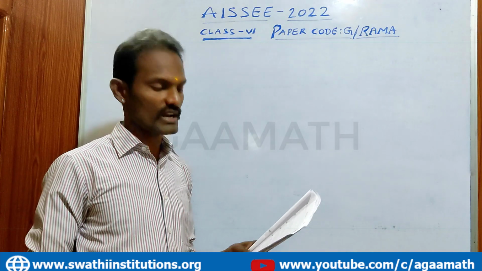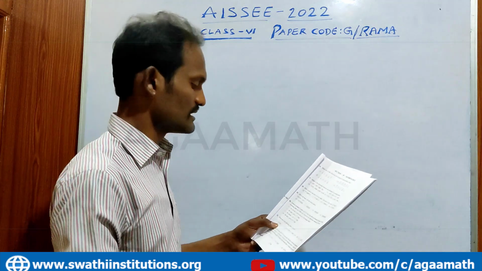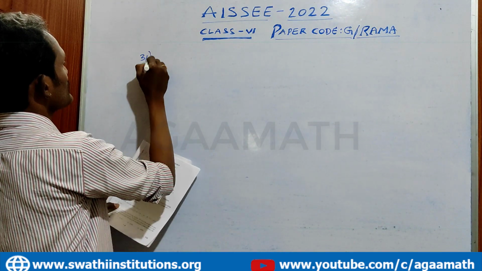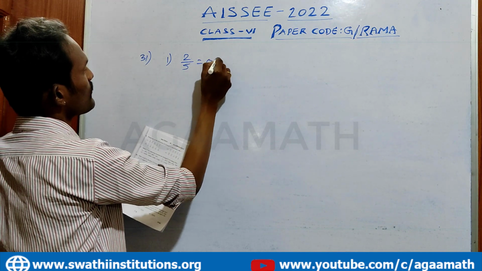Question number 31. Which one of the following options is incorrect? So the options for the given question are: first option is 2/5 equals 0.4.